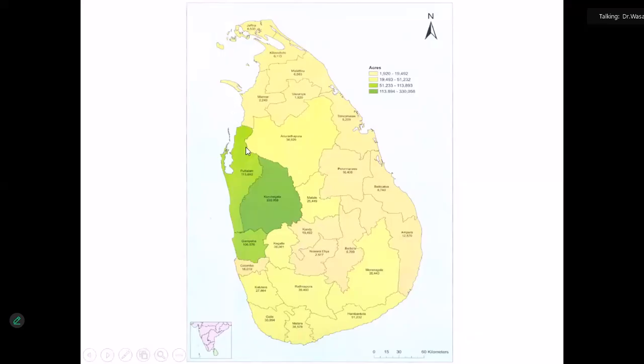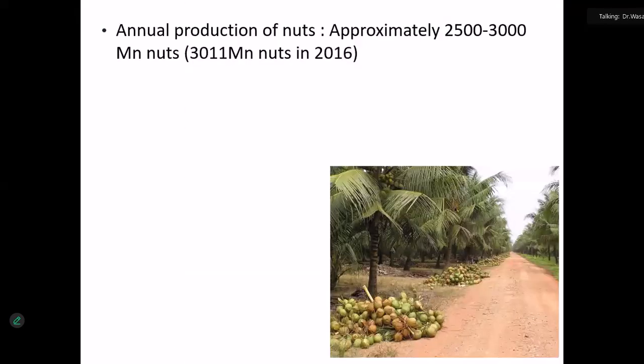So in these three districts, more than 55% of coconut cultivations are included. Accordingly, this area is commonly named the Coconut Triangle: Puttalam, Kurunegala, and Kalutara. You can see here the annual production.